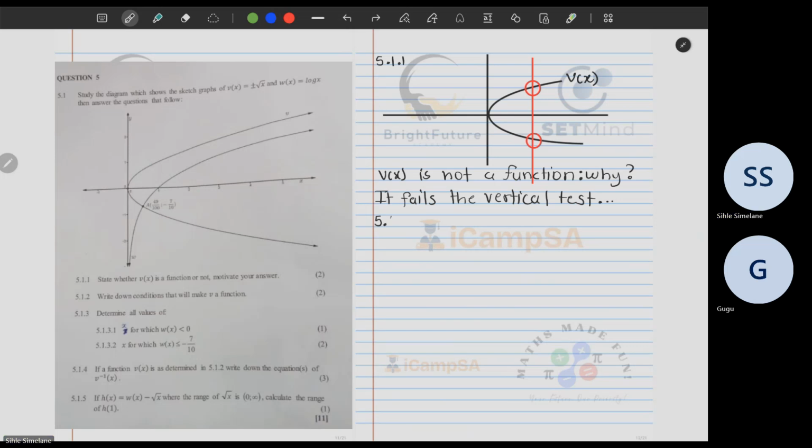5.1.2. They say, write the conditions that will make this graph to be a function. Now we need to think carefully, okay?